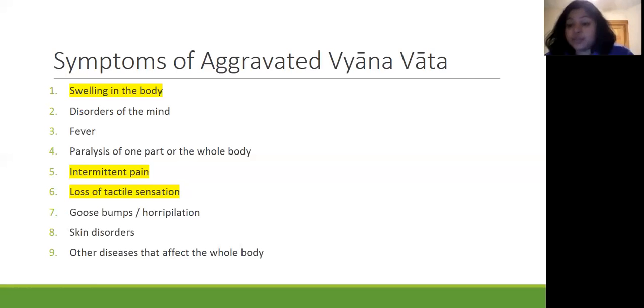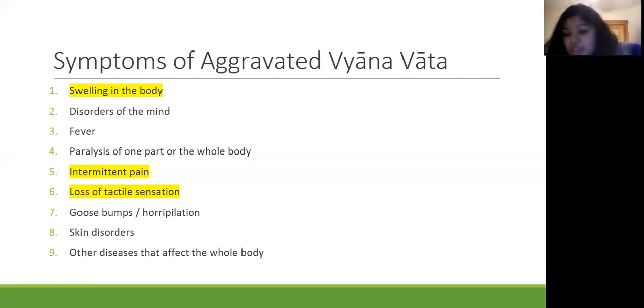It can also cause paralysis of one part or even the whole body. Again, same circulation, movement of Vata throughout the whole body, and if it's excessive, it can cause lack of movement.